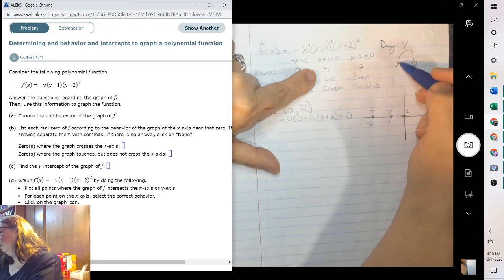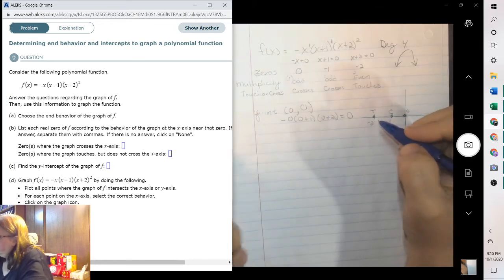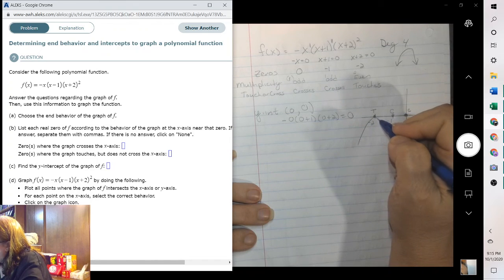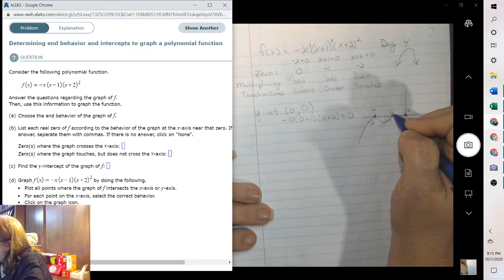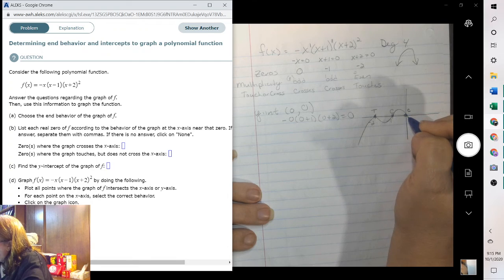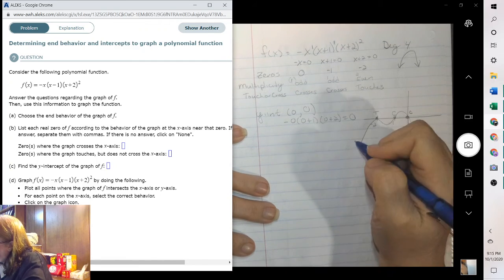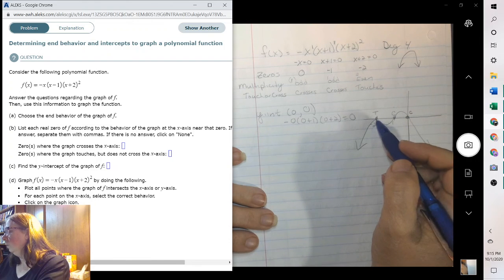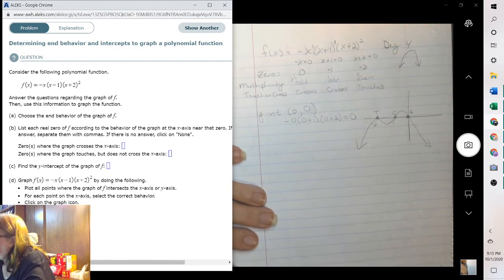The graph's going this way, so it's going to come up. It's going to touch this, then it's going to come down, but then go to the next one and go through, and then it goes through there. I know it's not coming back up again because these are the only 3 spots where it crosses the x-axis.